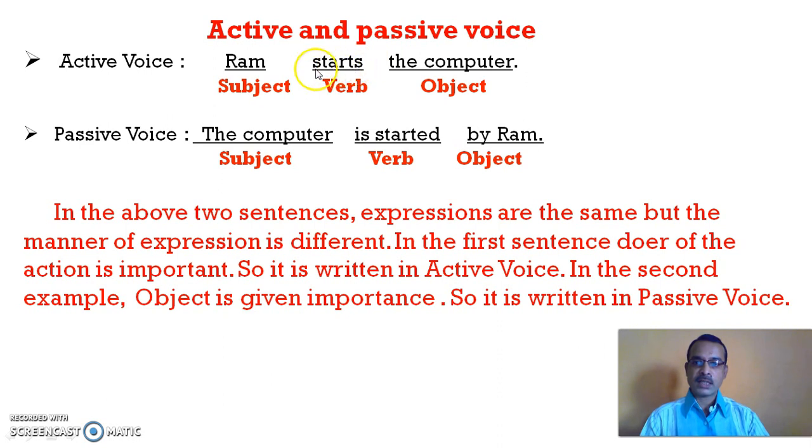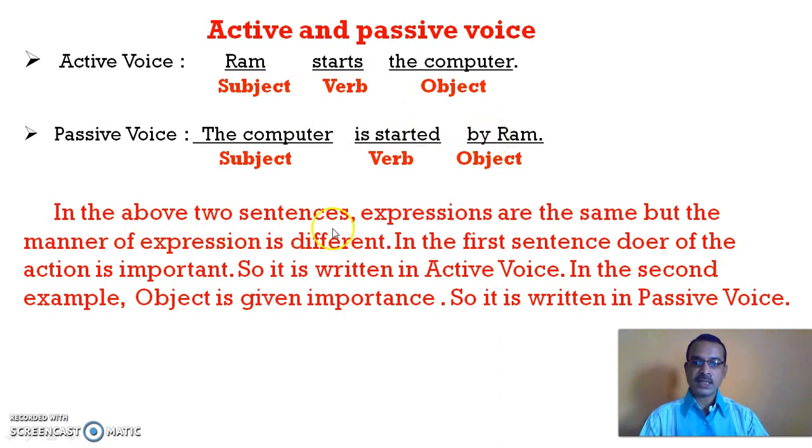Yes or es is a suffix to this verb. So this is present tense. So in present tense, we can take am, is, are, depending on the subject. So the computer is started. This is the V3 or past participle of this verb form, and this subject becomes object here.